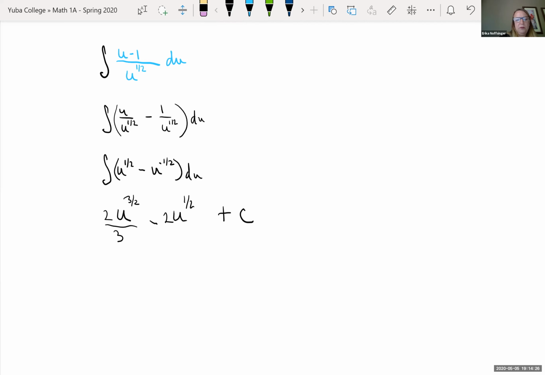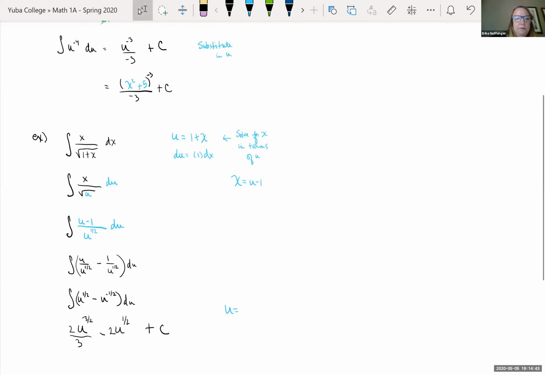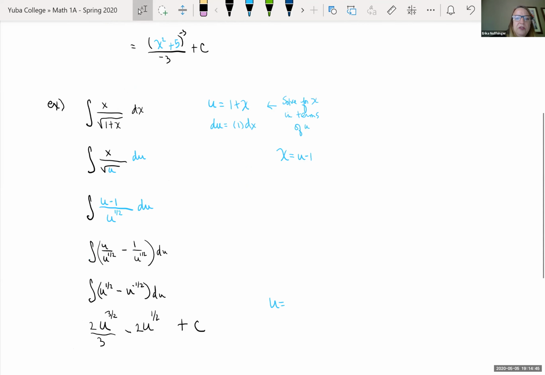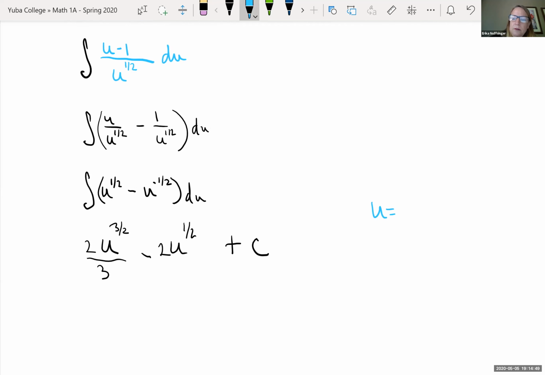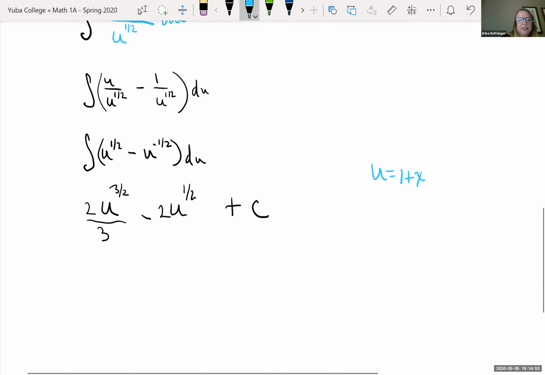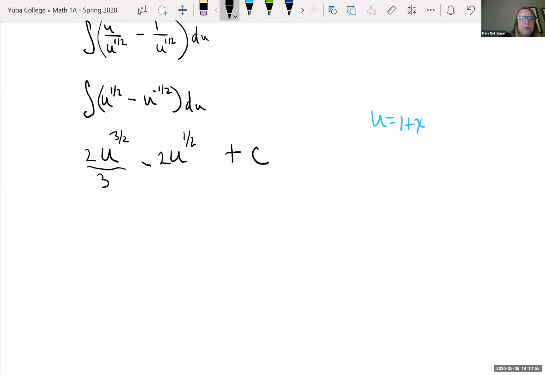Okay, so I'm just going to rewrite this. We had radicals in our original problem. We also need to rewrite what u was. u was equal to, is that x minus 1, right? No, it was 1 plus x. So wherever we see u, we want to substitute that with the 1 plus x.